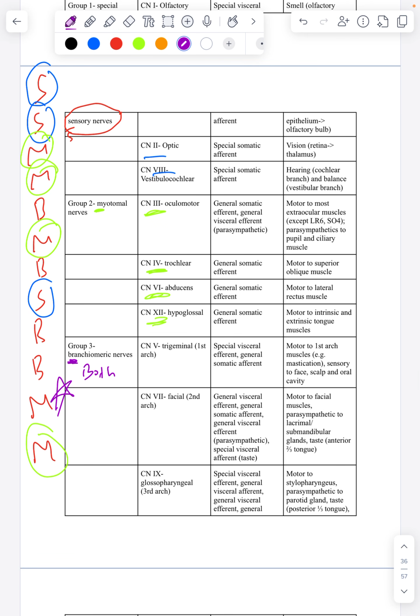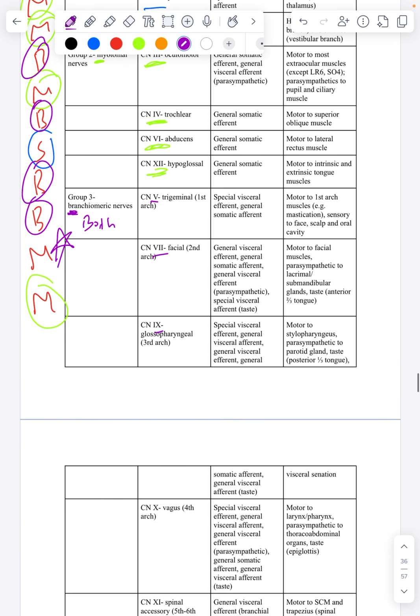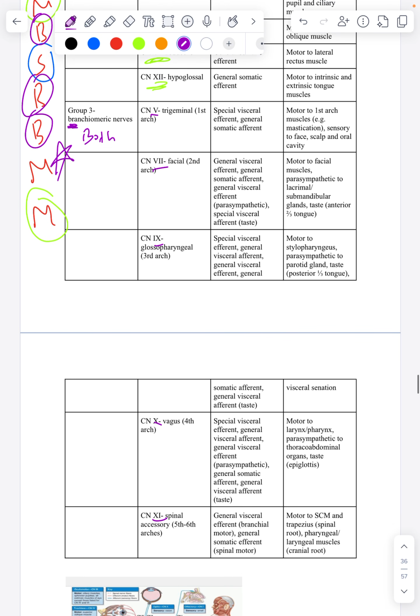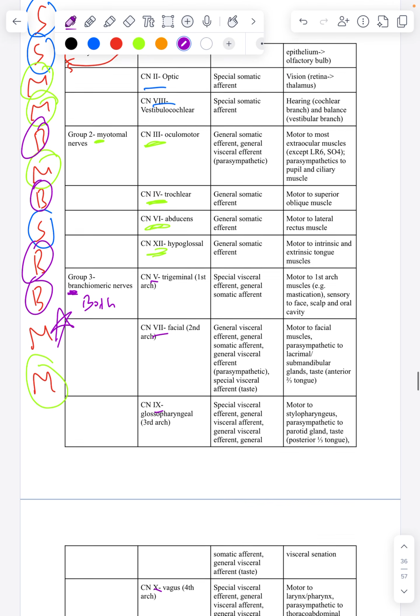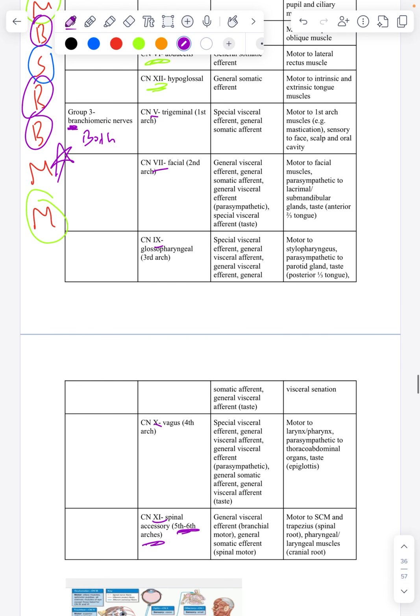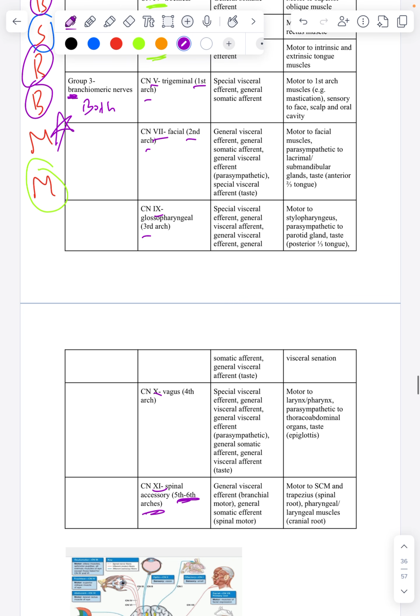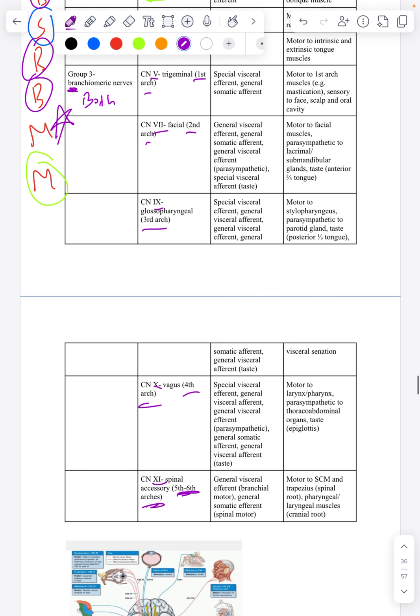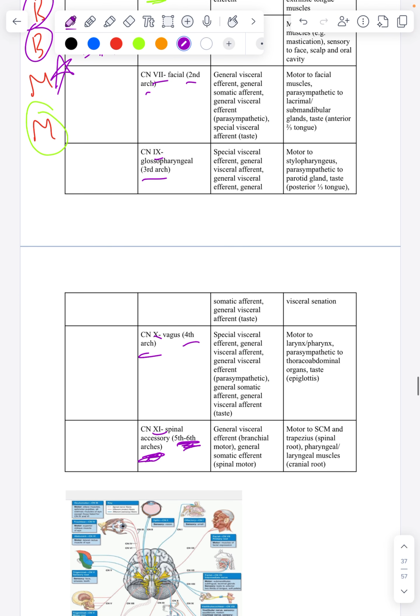Okay, so for both, it's 5, 7, 9, 10, but also 11, because again, it has that relationship with 10. It also has to do with where it's located embryologically, with the arches. If you follow them down, 5 is first arch, 7 is second arch, then third arch, then fourth arch, and 11 gets both fifth and sixth arch. So it's also an embryological thing why it's like that.